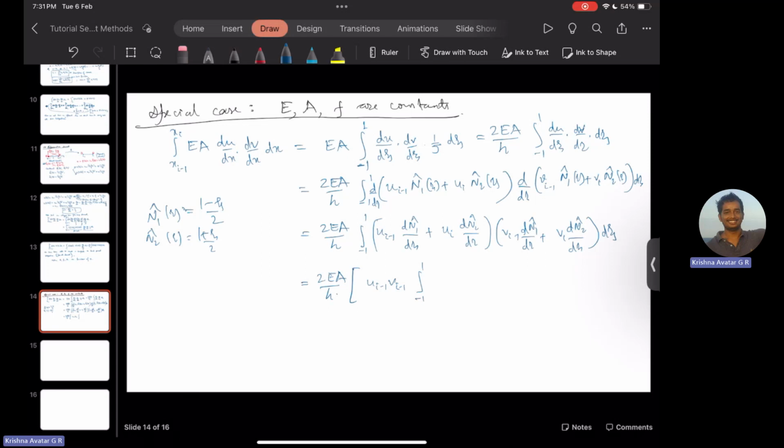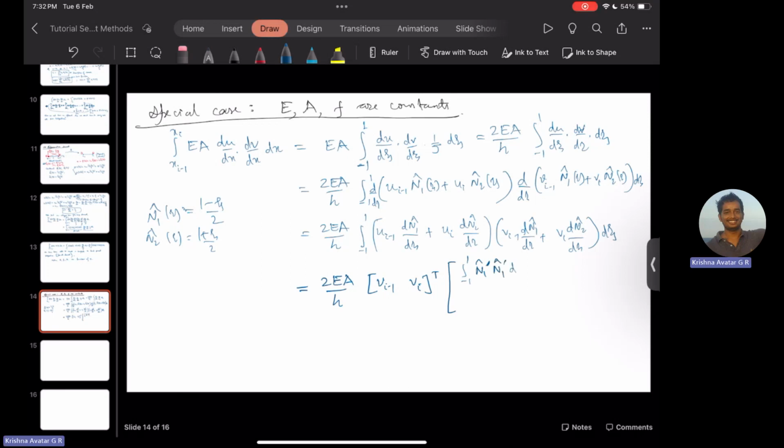So we can have this as, in fact, let's first write this in terms of a matrix vector product. So it is 2EA by h, and here we have v(i-1), vi transpose. The matrix will be the integral from -1 to 1 of N1 hat prime, N1 hat prime, where prime indicates derivative with respect to z.